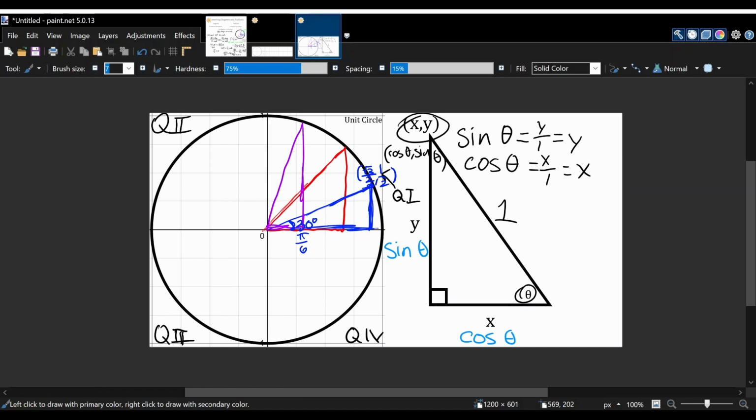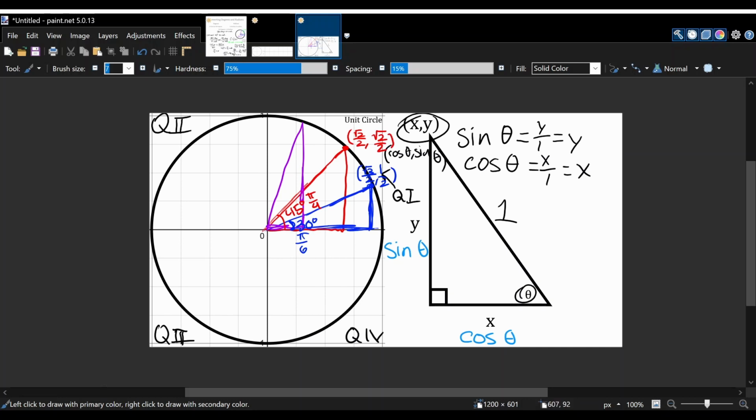And I'll show why that's important in a second, but let's try the red one. This one is going to be equal to 45 degrees, or pi over 4 radians. And here, it's actually pretty simple: square root 2 over 2, square root 2 over 2.